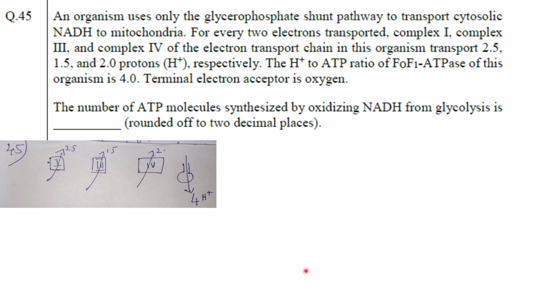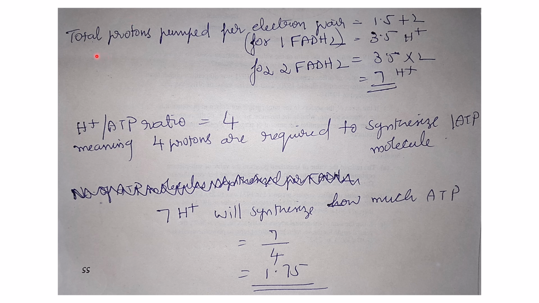So first you have to see that the glycerophosphate shunt pathway generates FADH2 in the mitochondria, which donates electrons to complex 2 bypassing complex 1. Okay, remember that. So the total protons pumped per electron pair, for 1 FADH2, is 1.5 plus 2. We will take into consideration only complex 3 and 4.